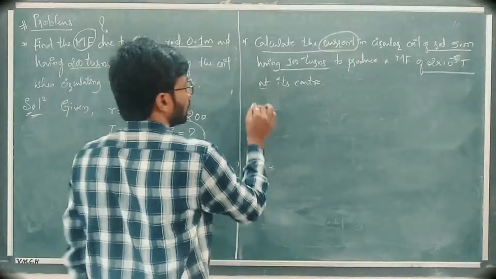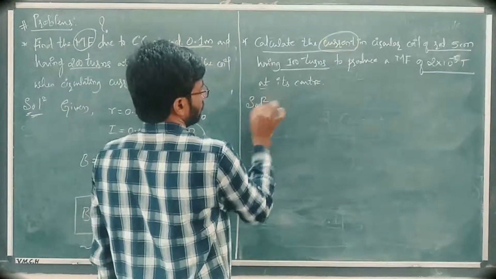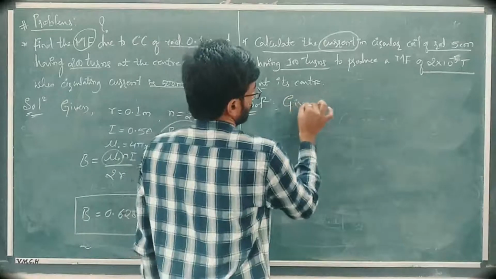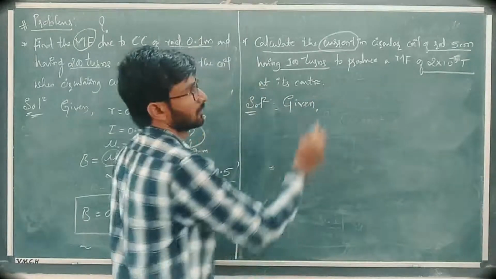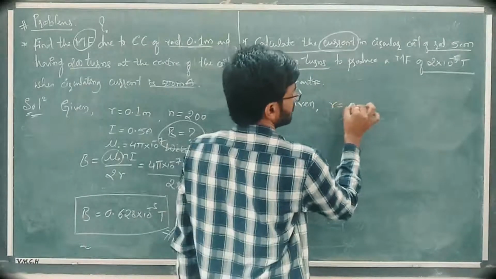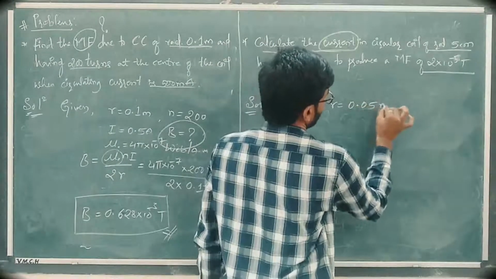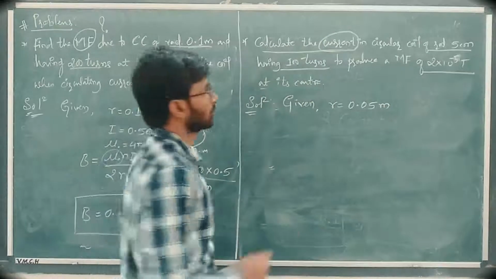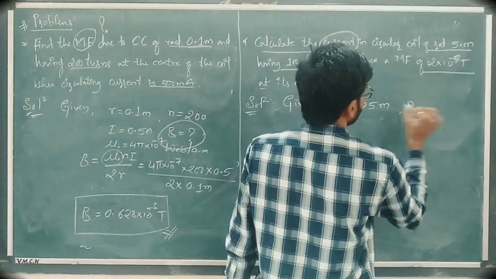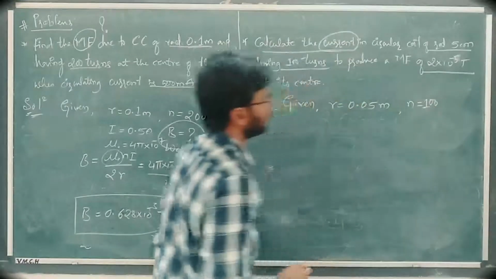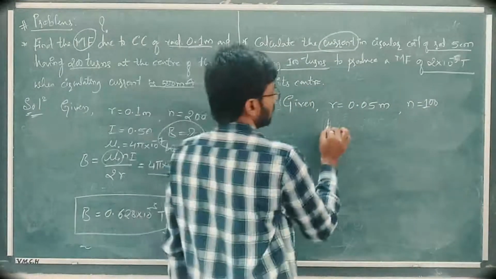Before finding that, we need to write the given things. The radius is 5 centimeter, which I can rewrite as 0.05 meter. The number of turns is 100.